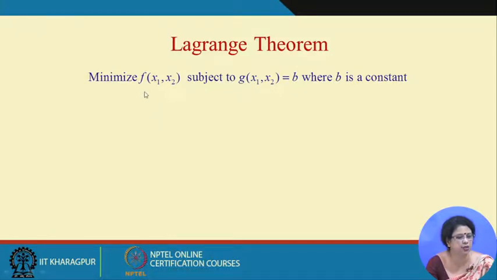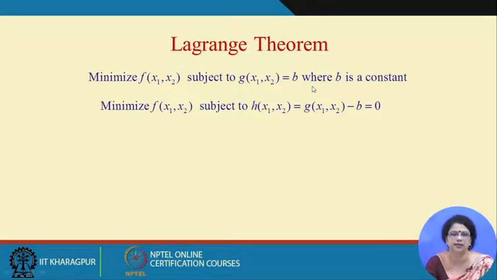Here, only one constraint I have considered, and the functions f and g are of nonlinear type and b is a constant. Then we can make this minimization of f(x1, x2) subject to h(x1, x2) equal to g minus b equal to 0. There is no harm in doing it, because we just subtract b from both sides.